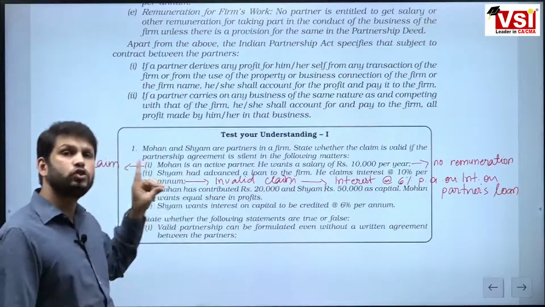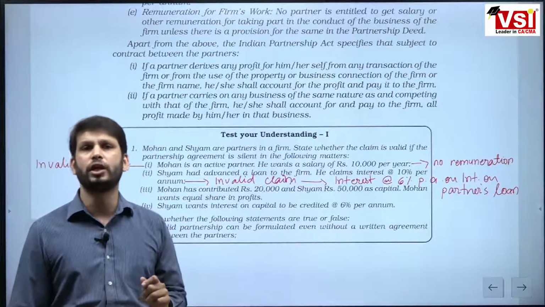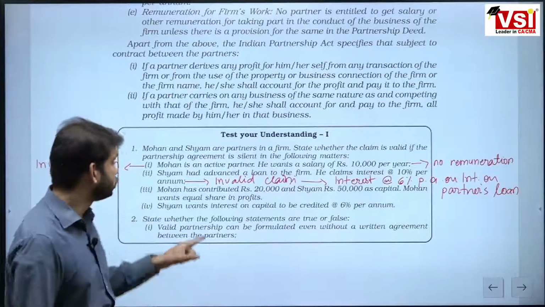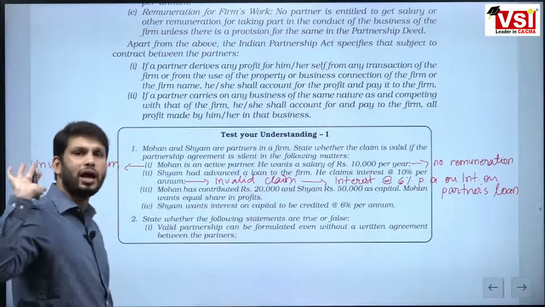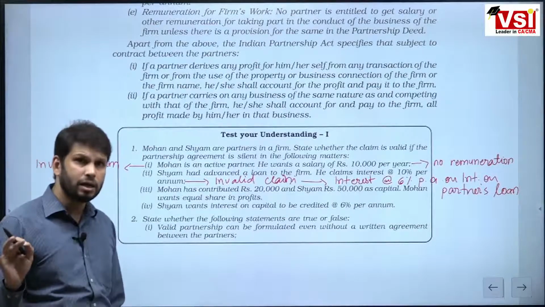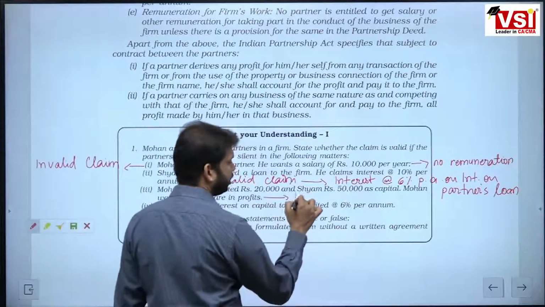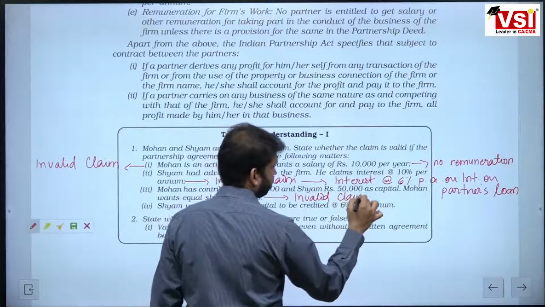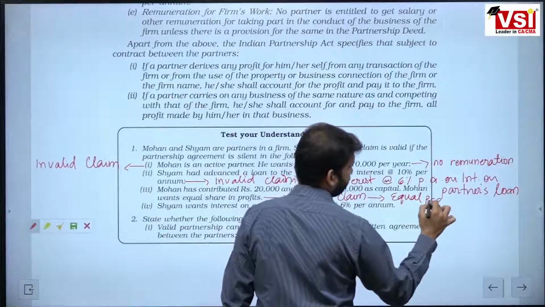But the first rule, when they are silent about profit sharing ratio, we learned that the profit sharing ratio will be equal. So, it does not matter how much capital a partner has contributed. If the partnership deed is silent about how to treat profit sharing ratio, it is an invalid claim, it should be equal. Equal PSR.